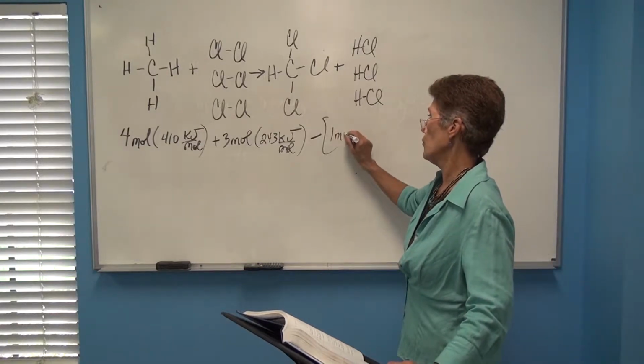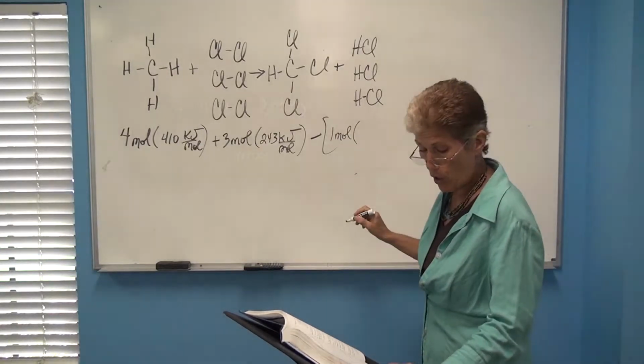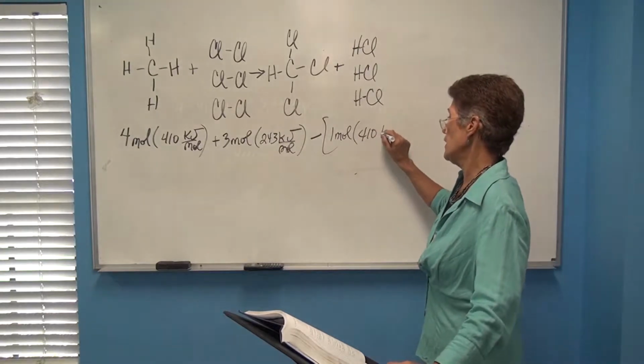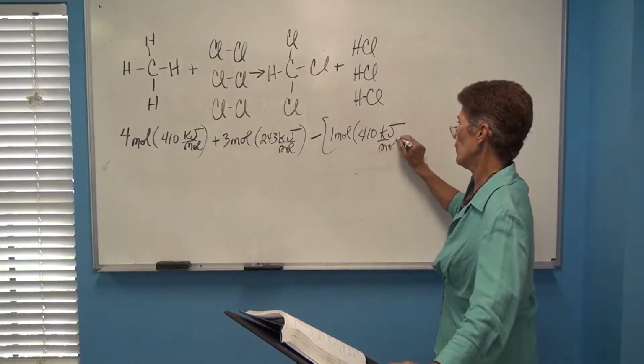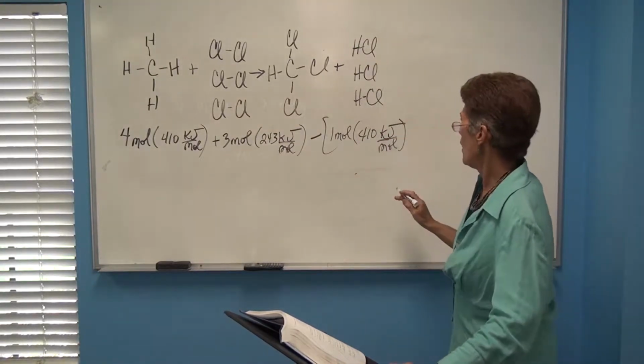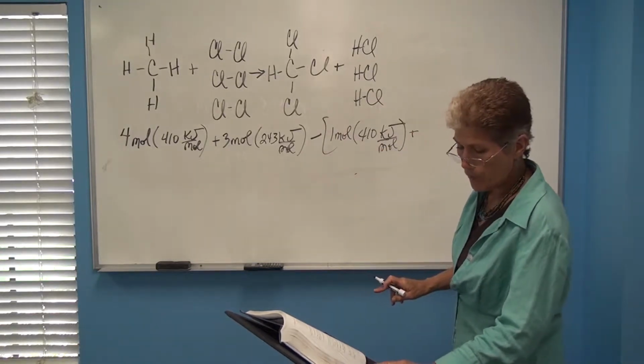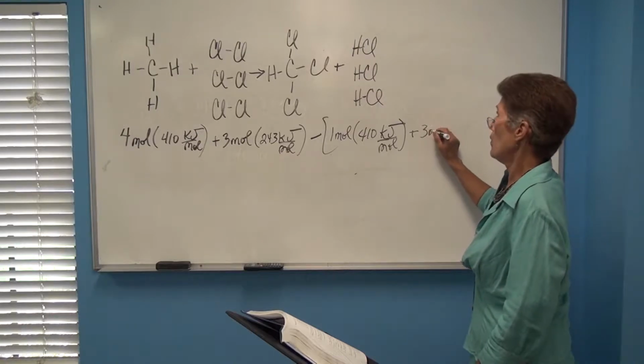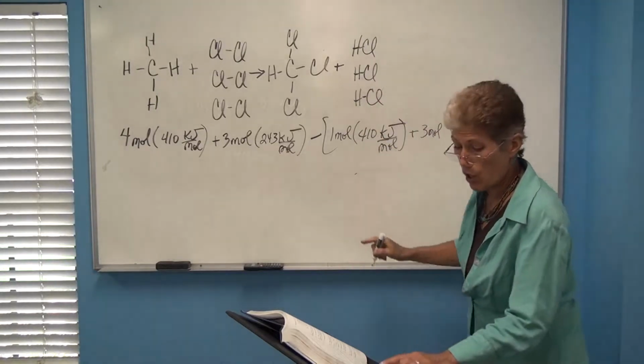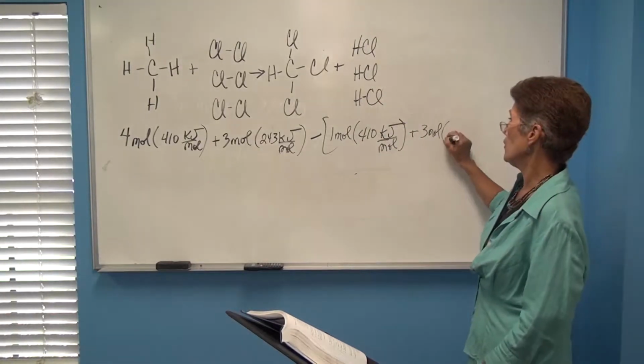Minus, now we're over here, we have 3 moles of the Cl and 1 mole of the hydrogen to carbon. So let's do the 1 mole first. 1 mole, the hydrogen to carbon is 410 kilojoules per mole. Plus, because I've got this in a bracket, we have 3 moles of the chlorine to carbon, which is 330 kilojoules per mole.